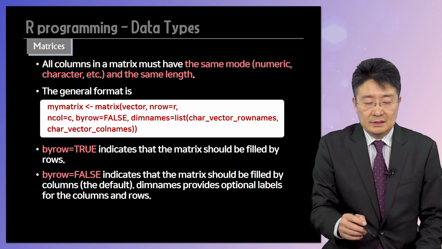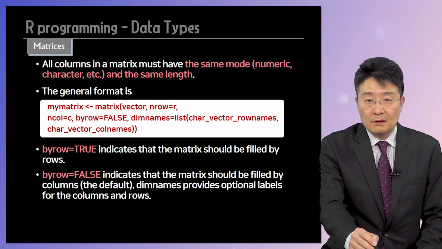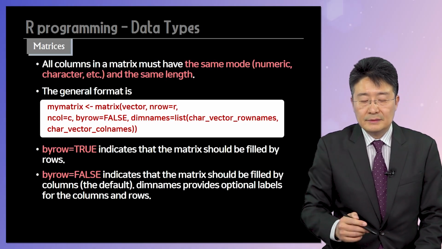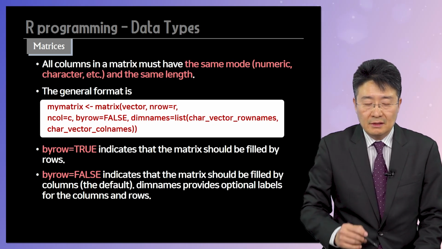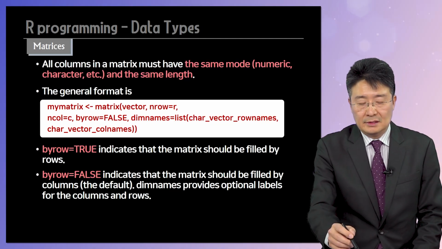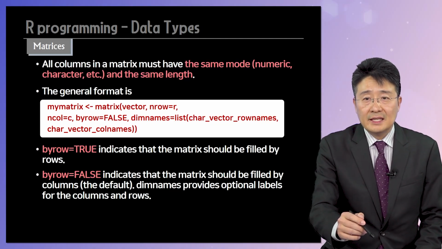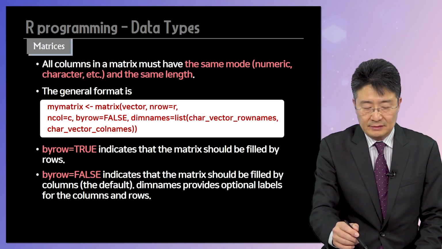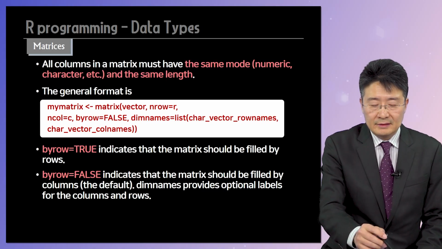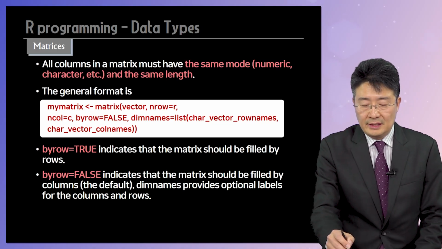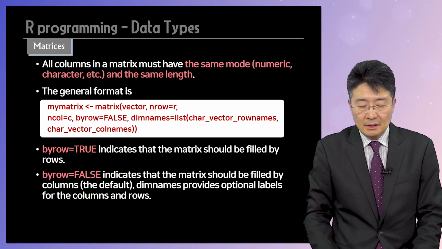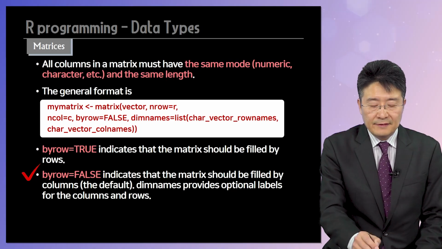Matrices. All columns in a matrix must have the same mode, numerical or character, and the same length. This is the biggest characteristic of matrices. Also, we can define the general format, as you can see. This is the default value.